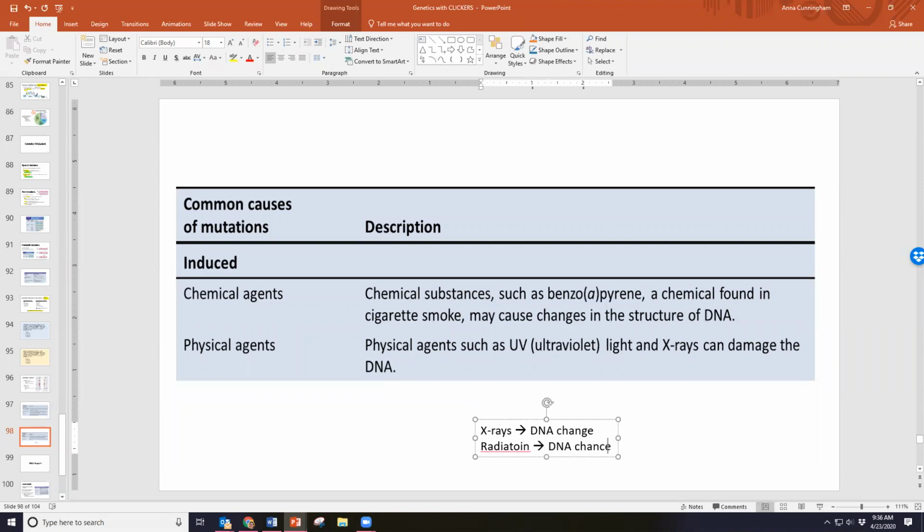I cannot spell today. Okay, but I mentioned that because there is something called irradiation that they do to food.